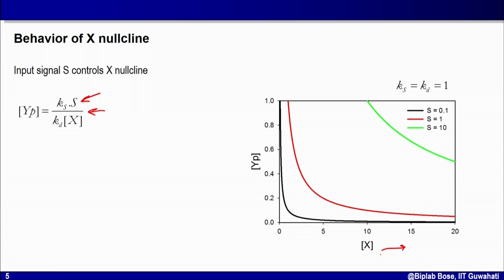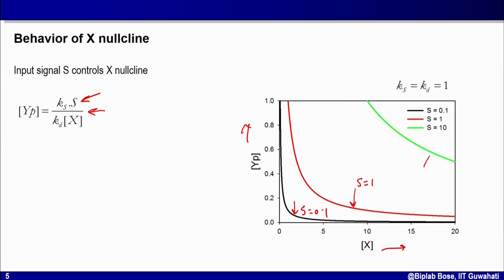So if I draw the nullclines in the phase plane, X versus YP, then as I change S, I can see the hyperbola keeps on shifting towards the right-hand upper corner. For this black one, S is equal to 0.1. As I increase the signal S from 0.1 to 1, I get this red curve, which is moving towards the upper right-hand side.